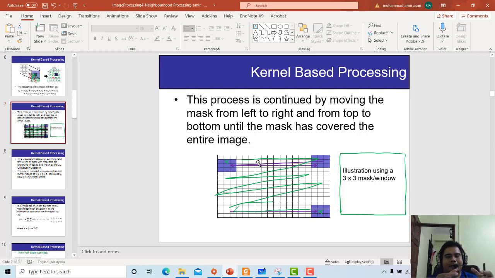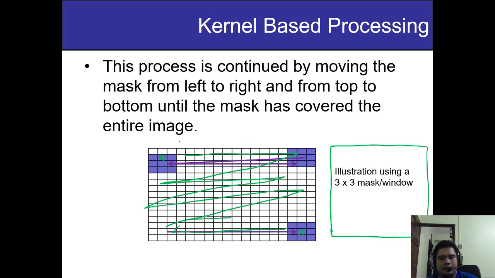We start from here, and then we slide in the x direction. And then we also slide in the y direction as well. So there are two directions of sliding process.